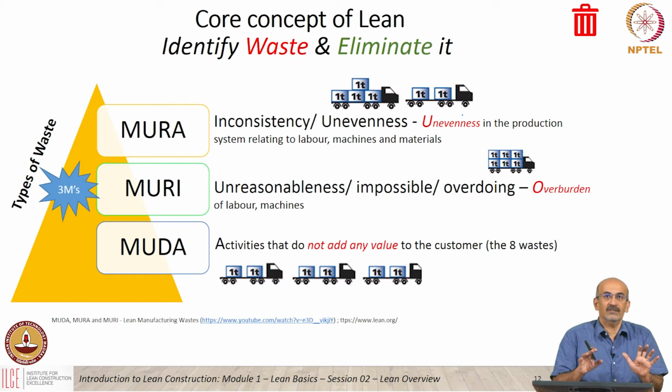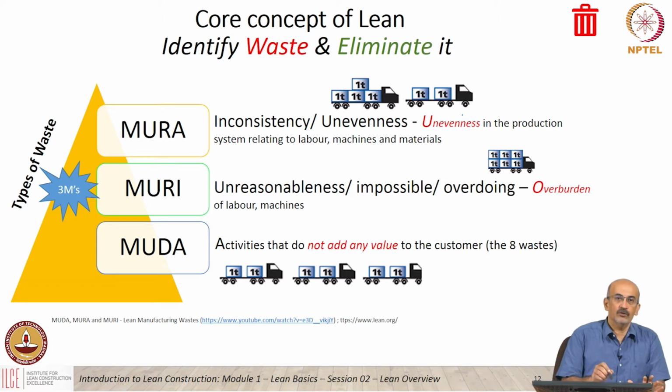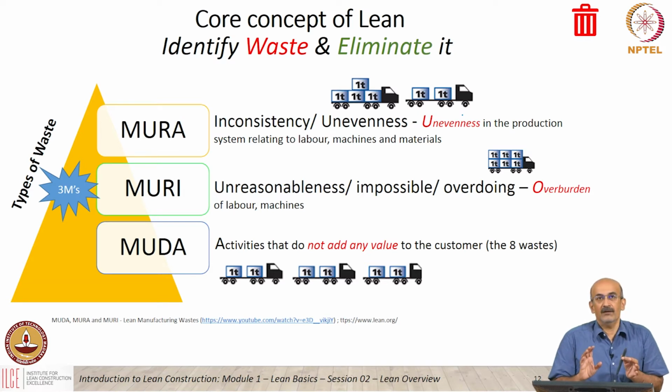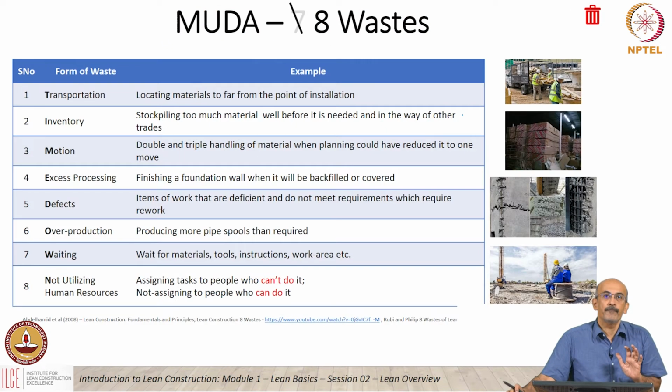Because of this unevenness, there could be overdoing or overloading, which causes muri, and this can result in muda. So, there is a relationship between these wastes, and what we typically focus on is this muda, which is the 8 wastes. But do remember that mura and muri are also important, but a lot of times to start with we will focus on muda.